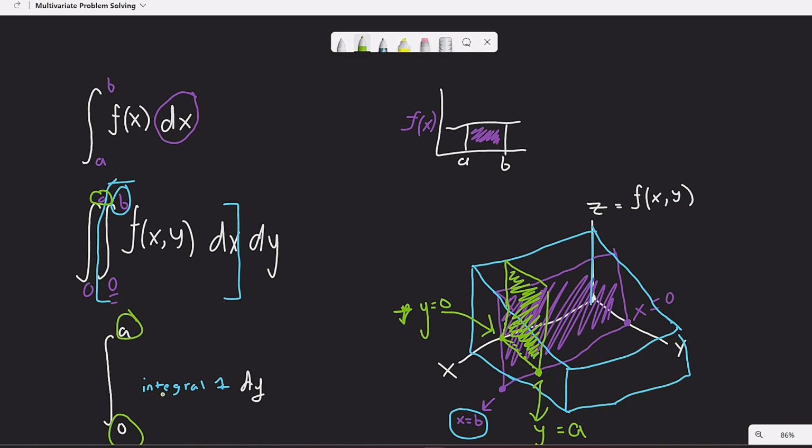And we are performing this integral operation on the product of the f of x, y dx from 0 to b integration. And remember, we are doing it from 0 to b and 0 to a, so these are definite integrals, and definite integrals rely on the fundamental theorem of calculus, which I did in a previous video.